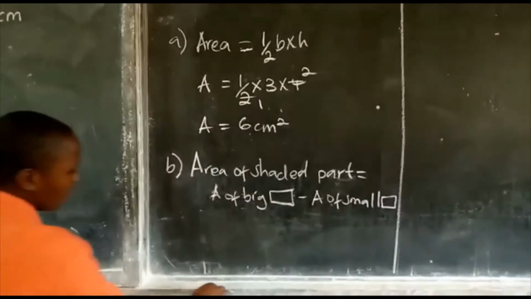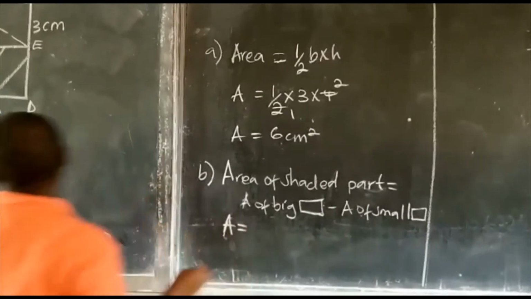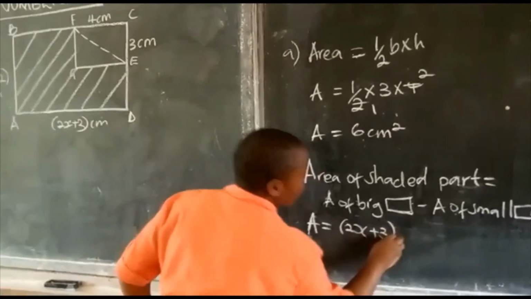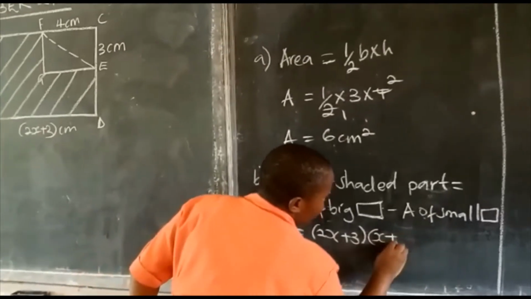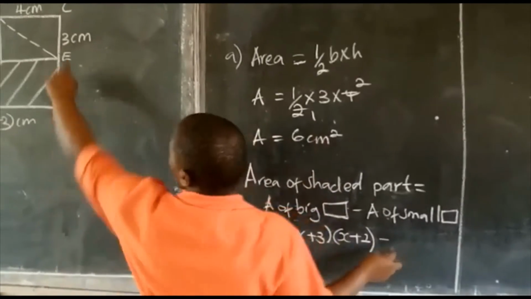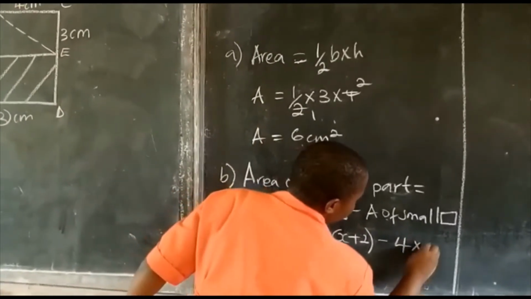And so our area shall equal, this is 2x plus 3, the length of the big one, times the width of the small rectangle, minus the area of the small rectangle, which is 4 times 3.